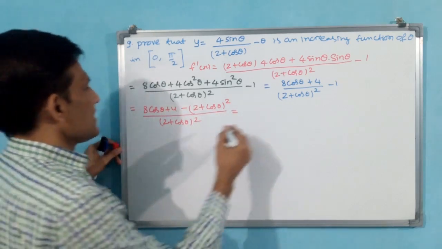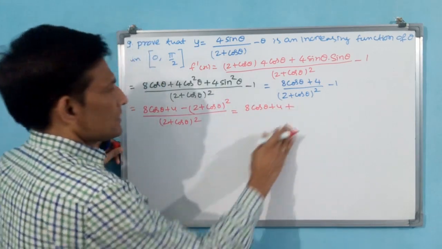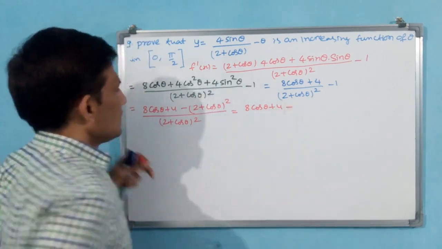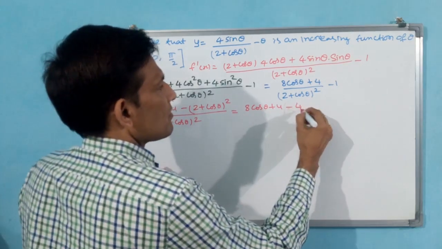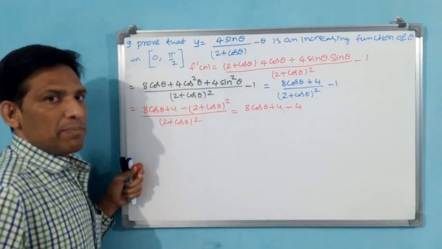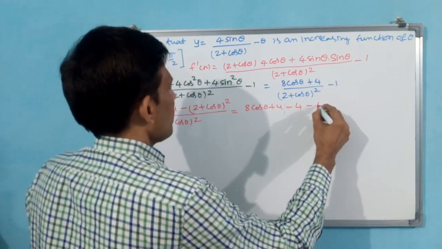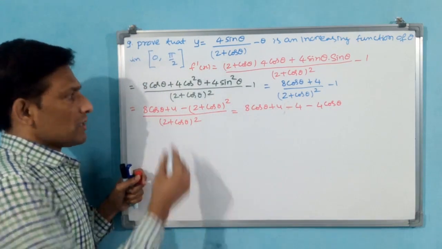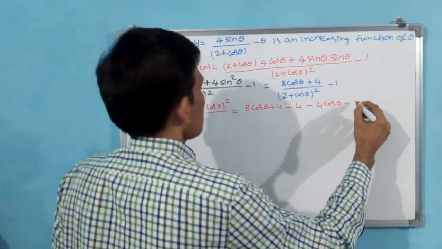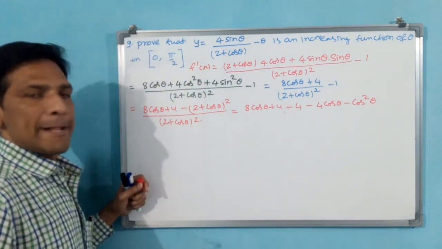Now you expand it. 8 cos theta plus 4. Sorry, minus. See, all minus will come. Outside minus is there. A square 4 plus 2ab, that means minus 2ab. Minus 2ab 4 cos theta plus b square, that means minus b square, minus cos square theta. Is it okay? Okay.